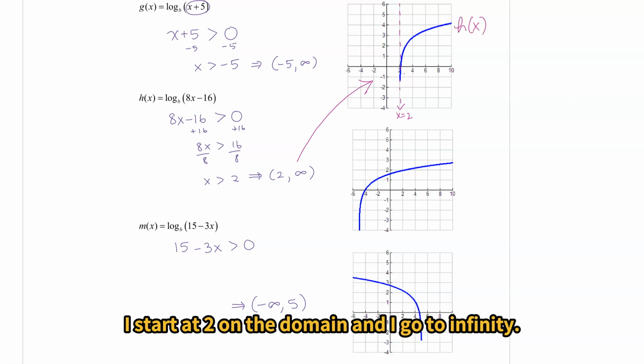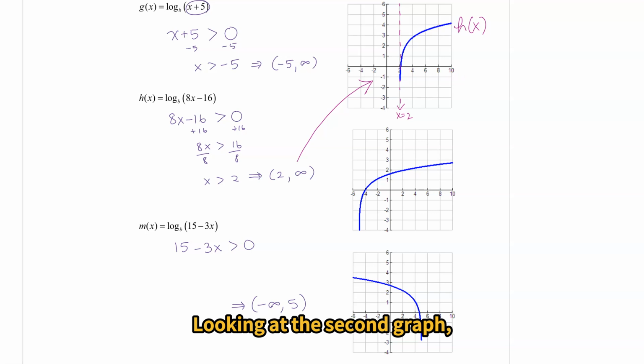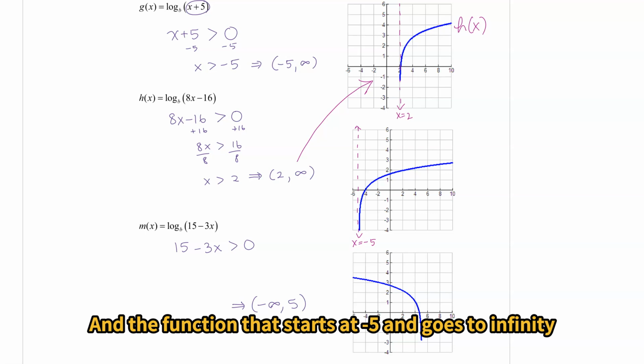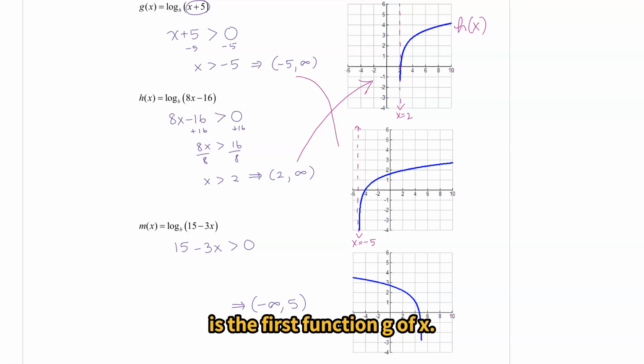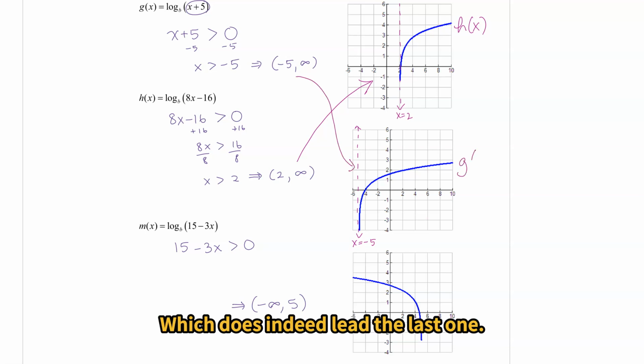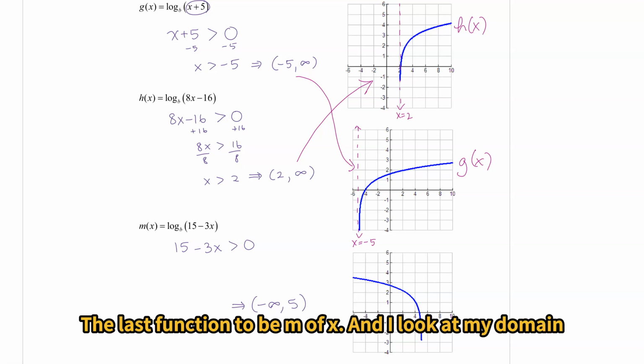I start at 2 on the domain and I go to infinity. Looking at the second graph, I can find that graph's asymptote, and it looks like that graph's asymptote is at negative 5. And the function that starts at negative 5 and goes to infinity is the first function, g of x, which does indeed lead the last function to be m of x.